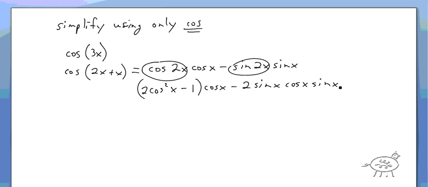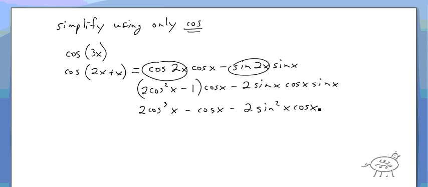Alright, so let's distribute that. I get 2 cosine cubed of x minus cosine of x minus 2 sine squared of x cosine of x.